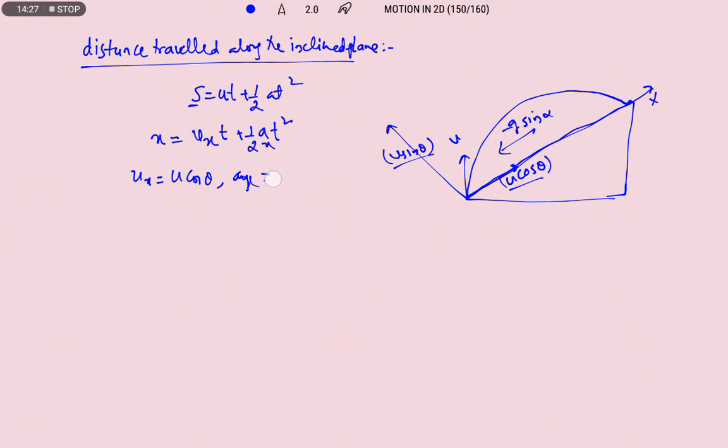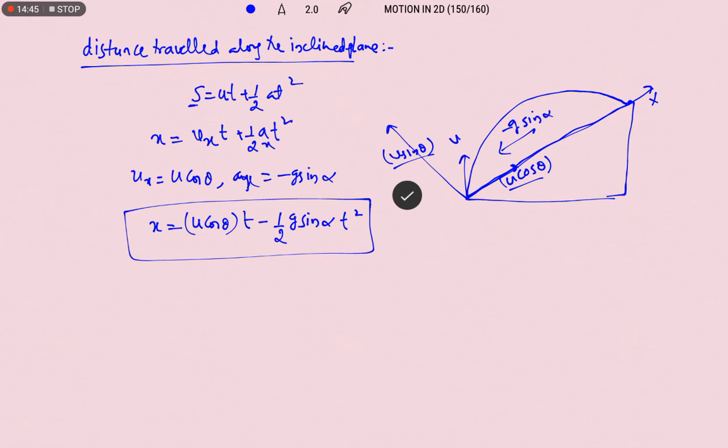So ax equals minus g sin alpha, substitute here. So therefore x equals u cos theta into t minus half g sin alpha t square. So this is the distance traveled along the inclined plane.